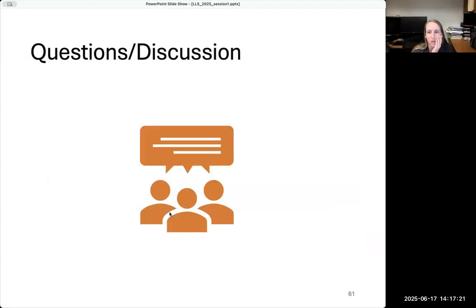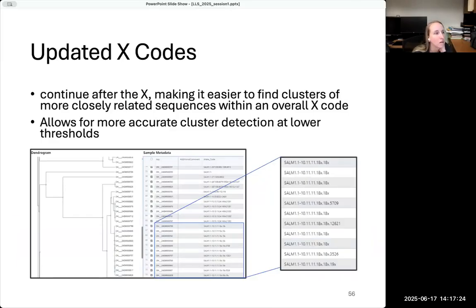Okay, someone wants to go to slide 56 and walk through some of the interpretation of the codes in the tree shown. So this tree actually does not have any distances on it, so I can't say anything about what the actual distances are. I can't really say much other than, if you look at these, then we know that the distances at, let's see, 1, 2, 3, 4, 5.